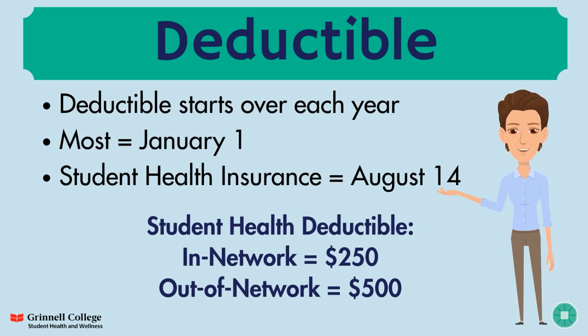For out-of-network providers, it is $500. In-network and out-of-network deductibles are separate. This means if you go to an in-network provider on the student health insurance, you will have to pay a $250 deductible. If you've met that deductible but then go to an out-of-network provider, you would then have to meet the $500 deductible for that out-of-network provider.